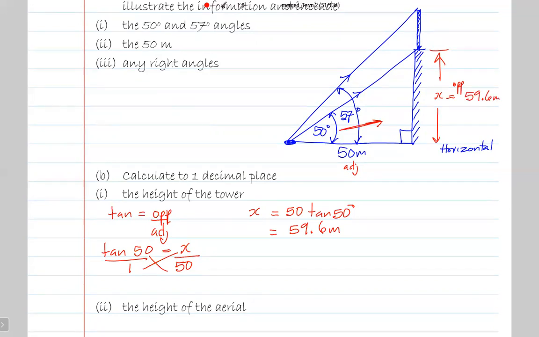The next thing we're asked to do is calculate the height of the aerial. Now, let me call that Z. For starters, you do not have any way of finding Z directly. So you have got to have an indirect approach to find Z. To find Z, you have to first find this height here, I'm going to call Y. Now, Y is the height of the tower plus the height of the aerial.